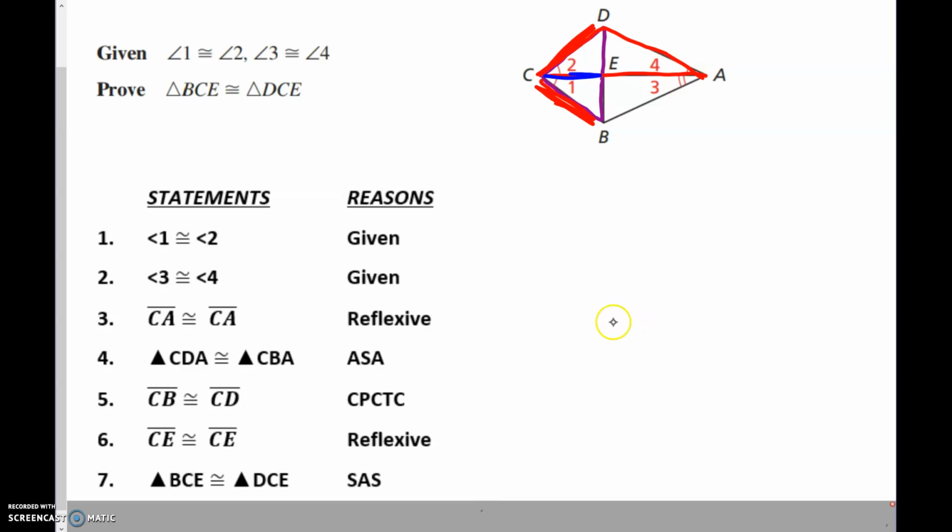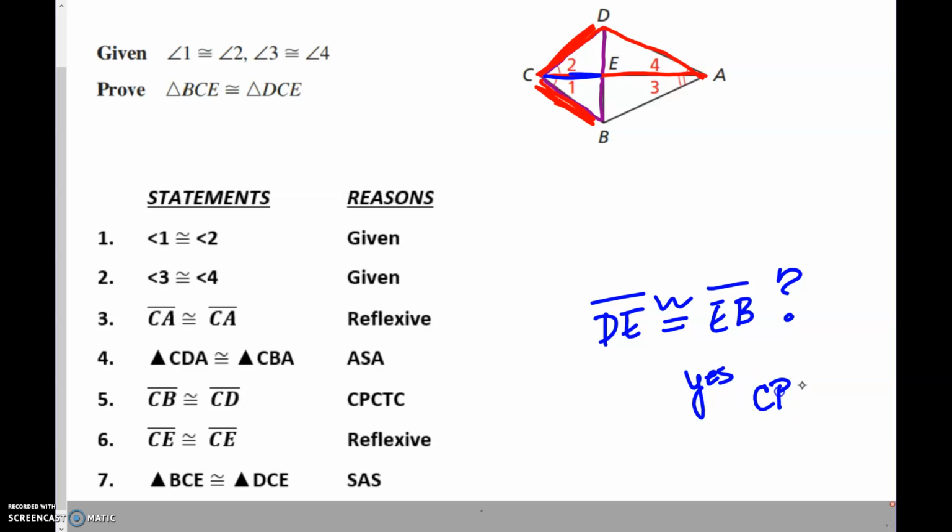Could we now conclude, is DE congruent to EB? So are they congruent? And the answer is yes. By what reason? And it would be CPCTC.